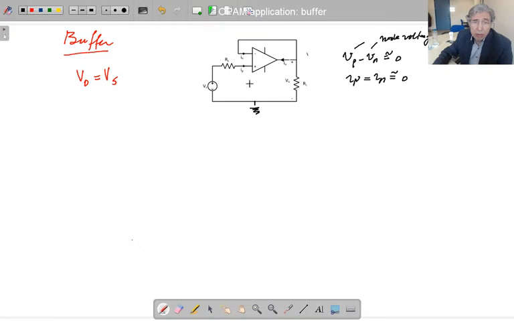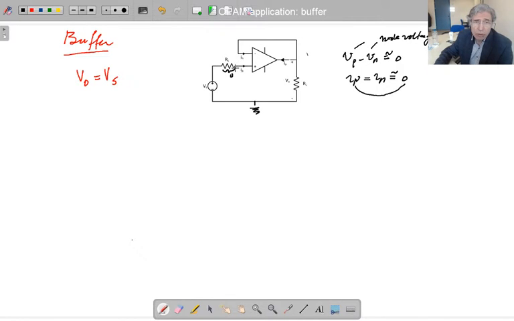Vp is this node voltage. So by definition, Ip is equal to 0. That means that current is 0. If that current is 0, this resistance voltage becomes 0. Why is that? Definition relation, isn't it? Current times resistance gives you the voltage, so that voltage is 0.